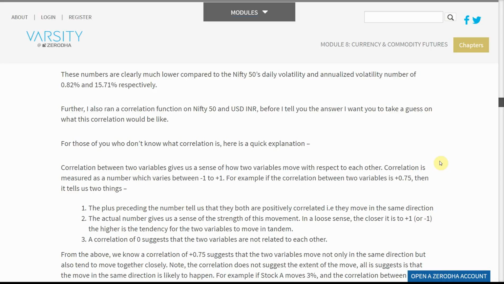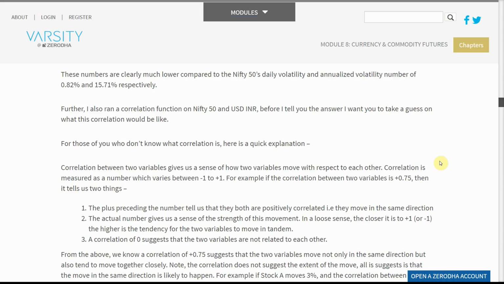For those of you who don't know what correlation is, here's a quick explanation. Correlation between two variables gives us a sense of how two variables move with respect to each other. Correlation is measured as a number which varies between -1 and +1. For example, if the correlation between two variables is plus 0.75, then it tells us two things.